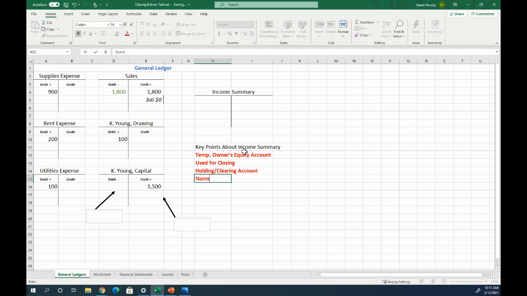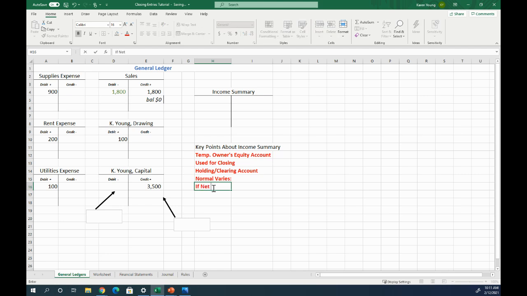Its normal balance varies. It doesn't have a typical memorizable normal balance. There are rules. The normal balance of Income Summary will depend. So I'll put this down here.